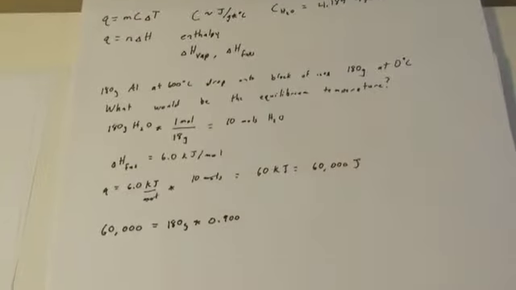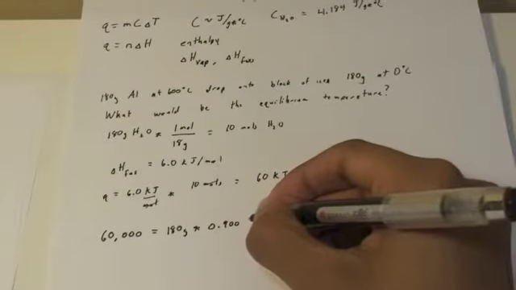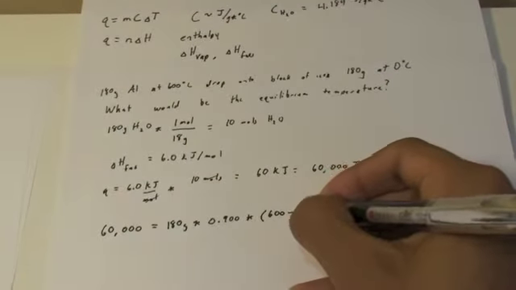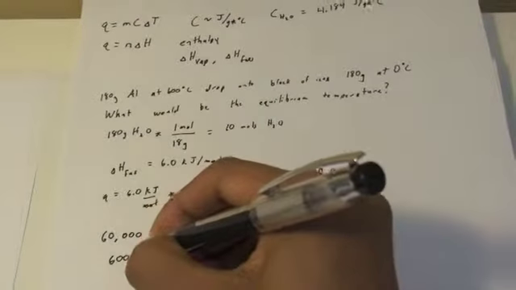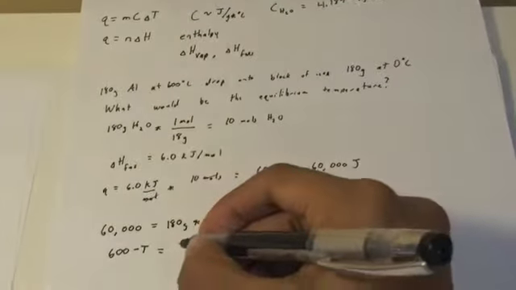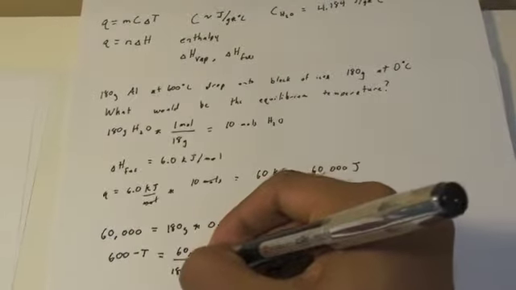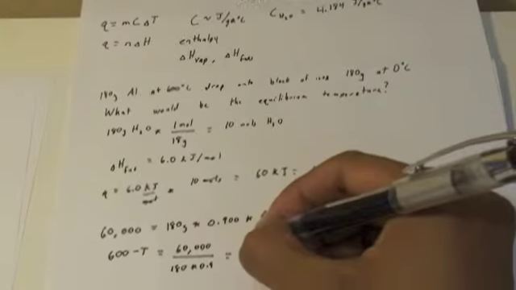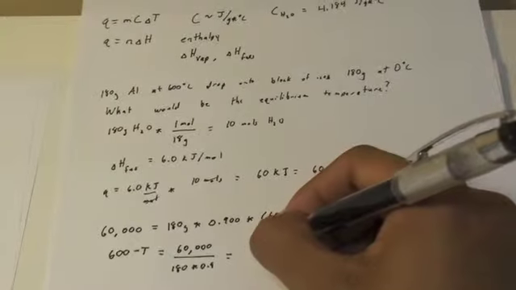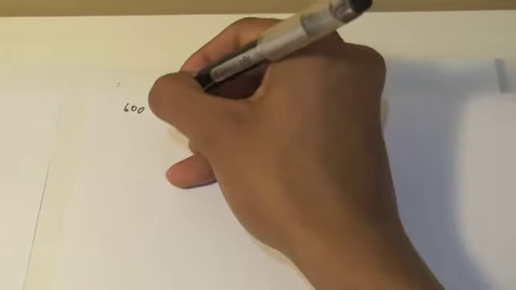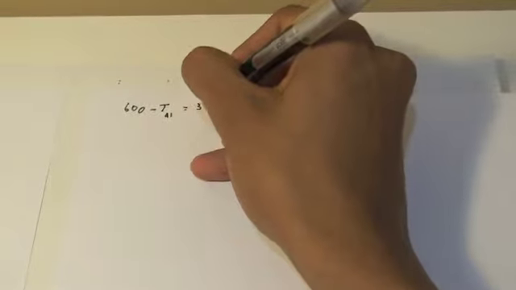I'm just going to tell you that it's 0.9 joules per gram times degrees Celsius, and the delta T. And so that delta T is 600 minus T. And so I'm going to solve for my delta T. 600 minus T is equal to 60,000 divided by 180, multiply that by 0.9. And that is 370 degrees Celsius.